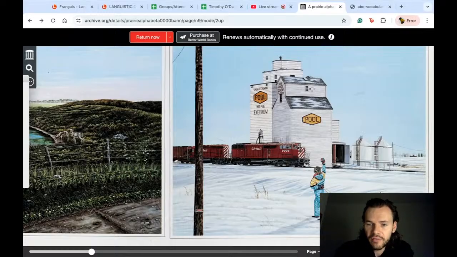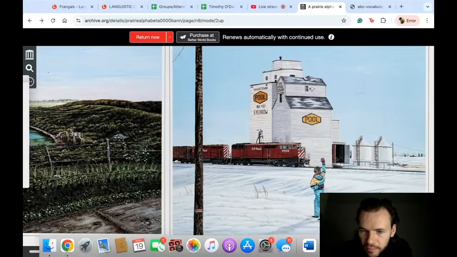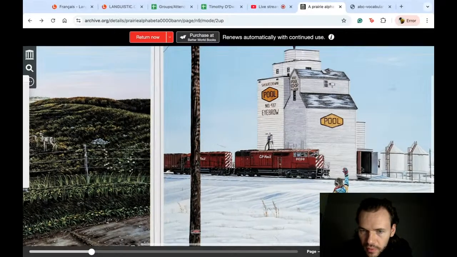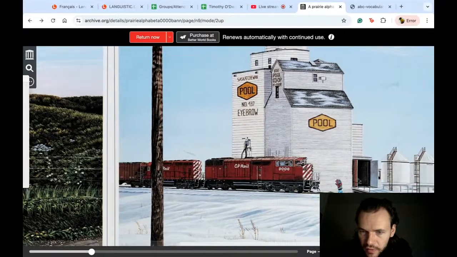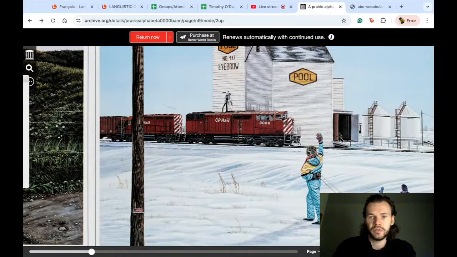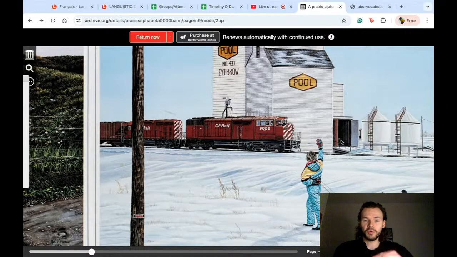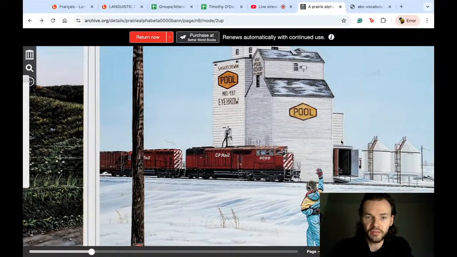And here we have the kids that are waving. They're waving. And here, a little difficult to see, but this is an empty car. There's an empty car right here as well. Empty car. So maybe these are the empty cars that are going up to the grain elevator.